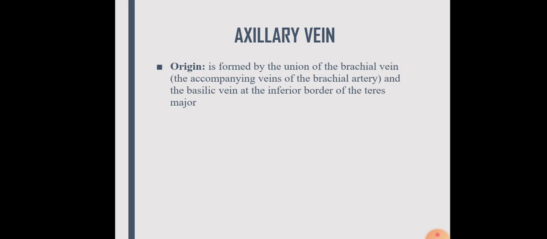Axillary vein. The artery carries blood from the heart to the upper limb, while the axillary vein is the opposite, from the upper limb towards the heart. It is formed by the brachial veins that join the basilic vein to form the axillary vein.